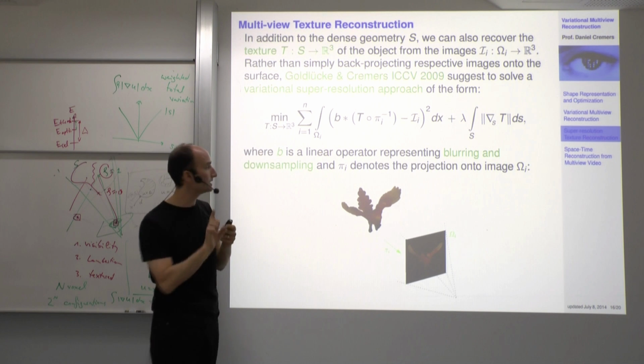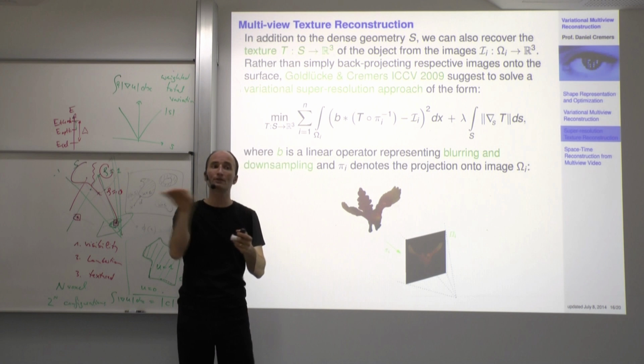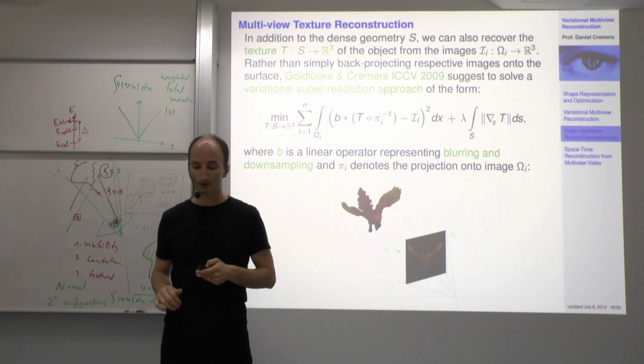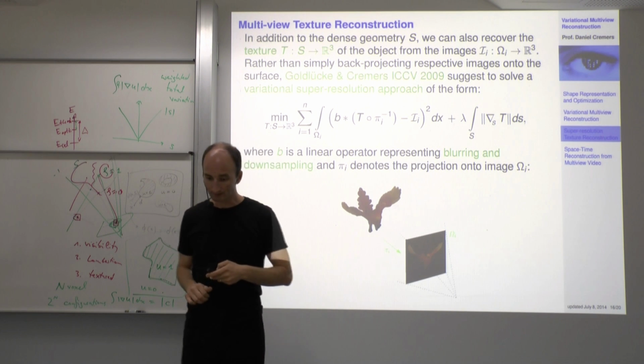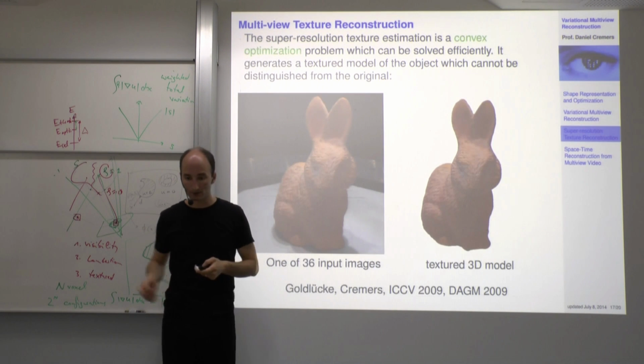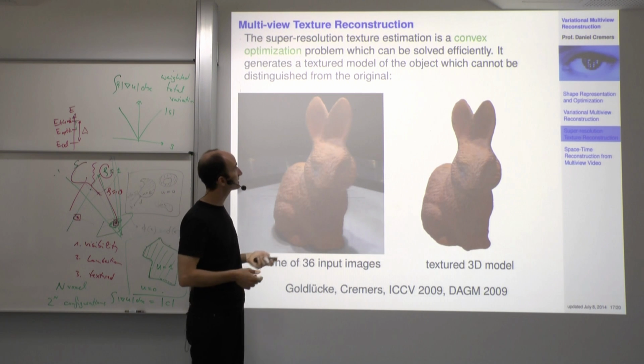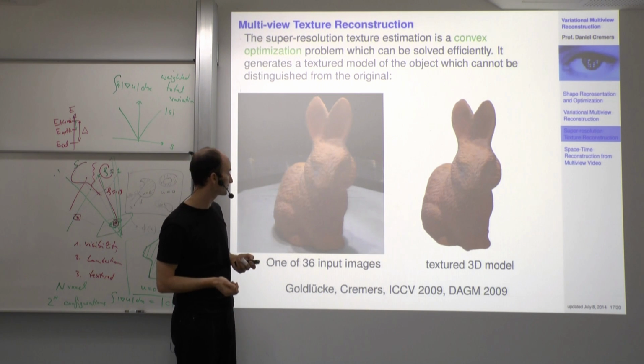So there are 2 degrees of freedom along the surface, and this gradient captures the change of color in these 2 degrees of freedom. It's a convex problem, meaning we can compute provably optimal solutions, and this can be done efficiently. Again, I'll skip algorithmic aspects of how to compute it.